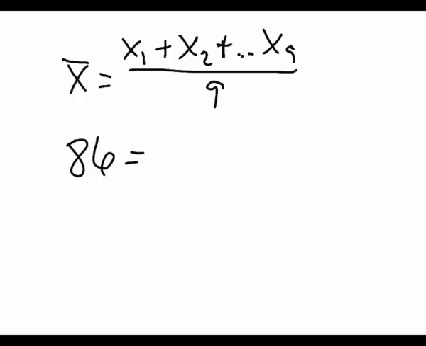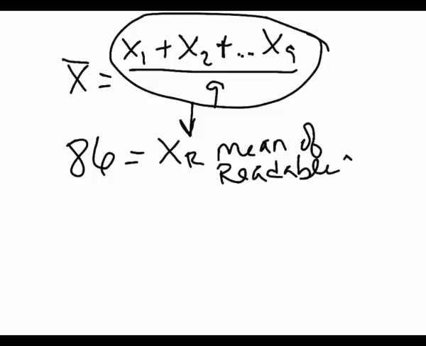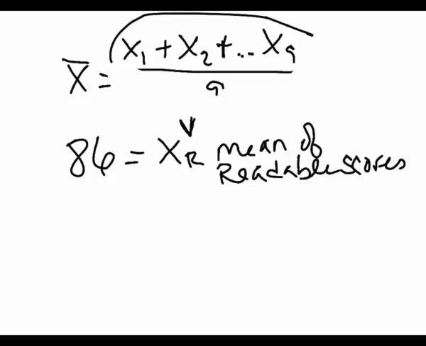Okay, now let's call that sum XR. That is the sum of the readable scores, so this is still XR over 9, okay?